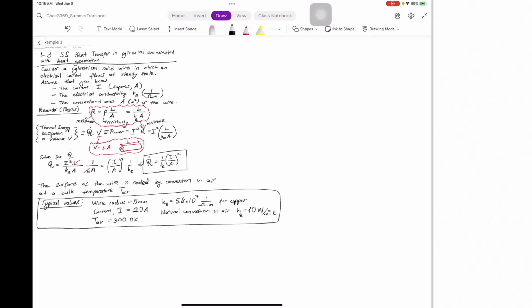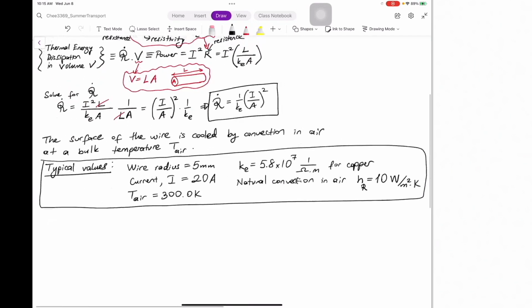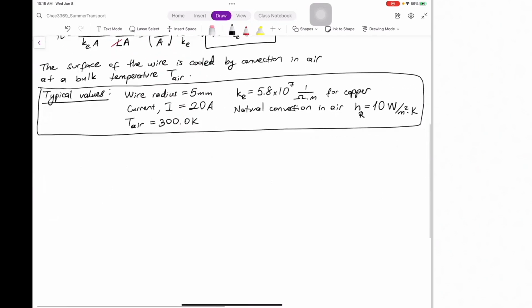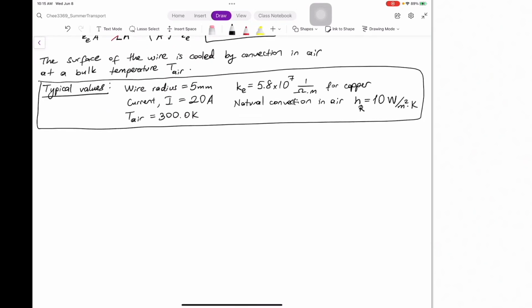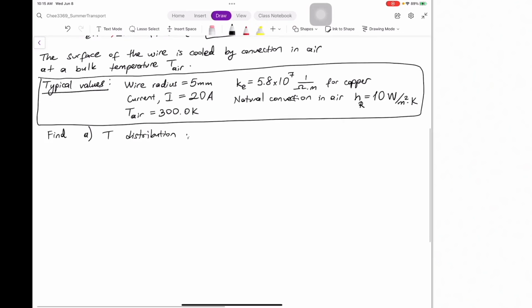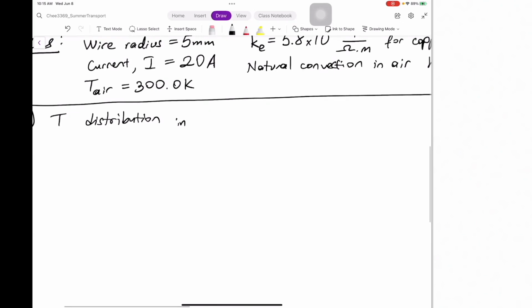Okay, so let's find A, the temperature distribution in the wire.